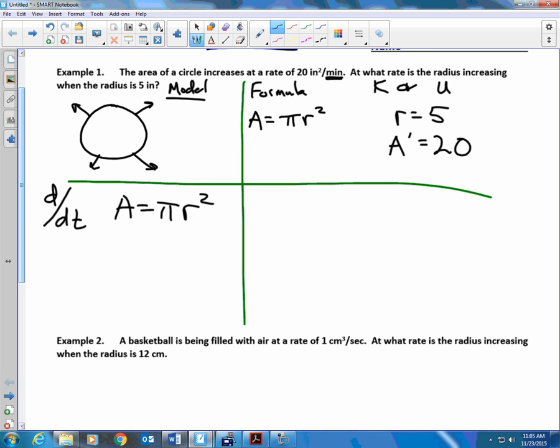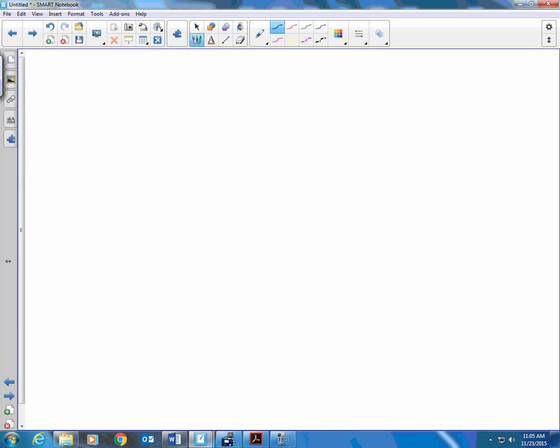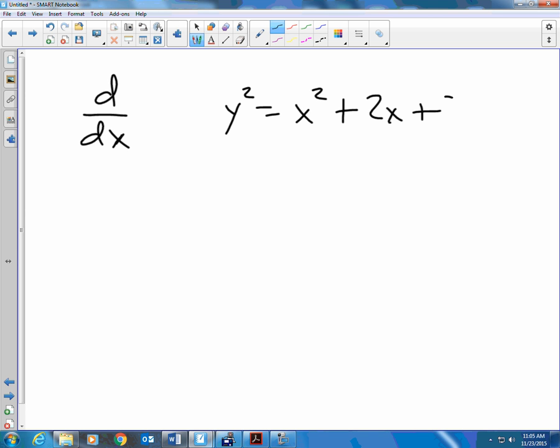Do you see the time variable show up in my formula at all? No. So let me try to help you understand how you've done this before. We've taken the derivative, and so far we've basically always done it with respect to x. Say we had y squared is equal to x squared plus 2x plus 3.